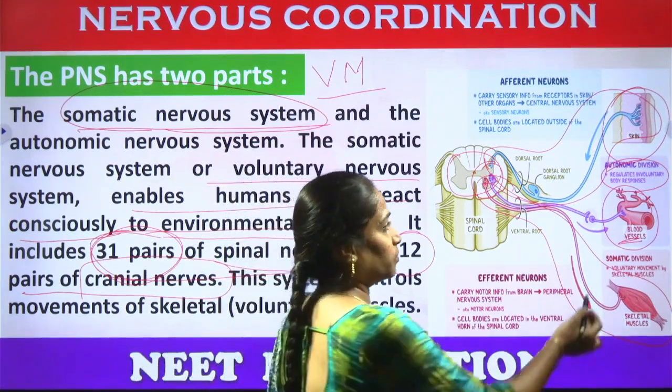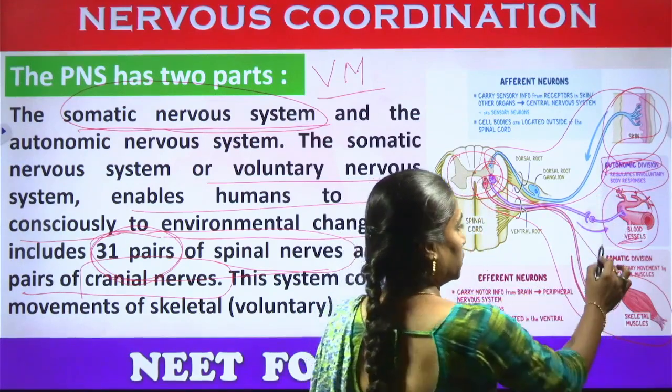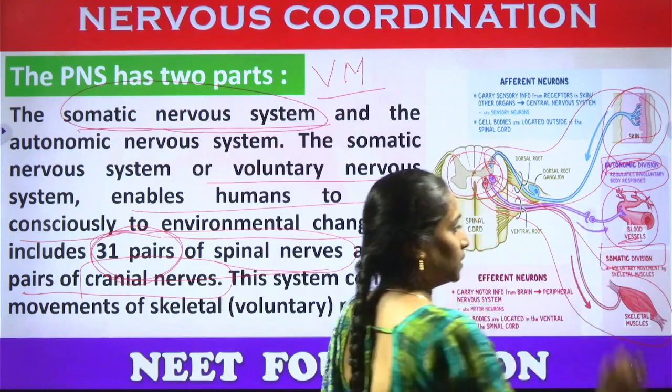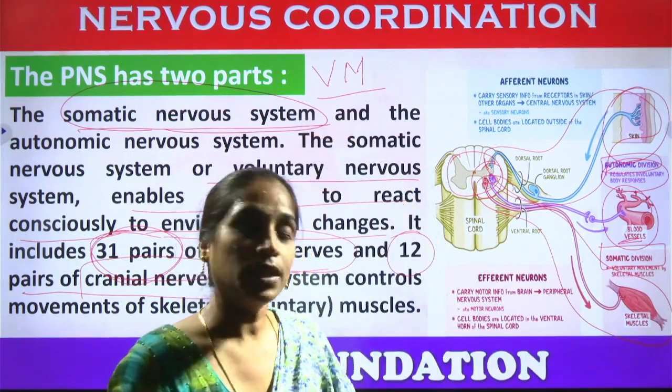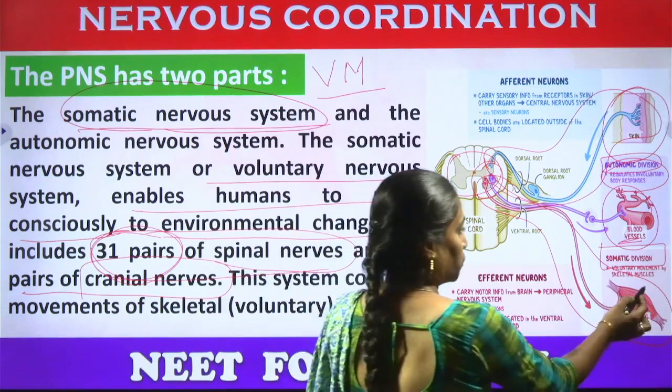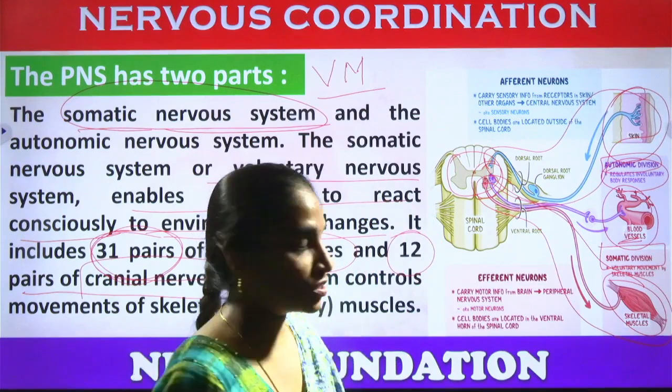So this is the autonomic nervous system. What is the second system? The somatic nervous system. Somatic means which is under the willpower of the brain. These are responsible for giving the reaction according to the stimulus, right?